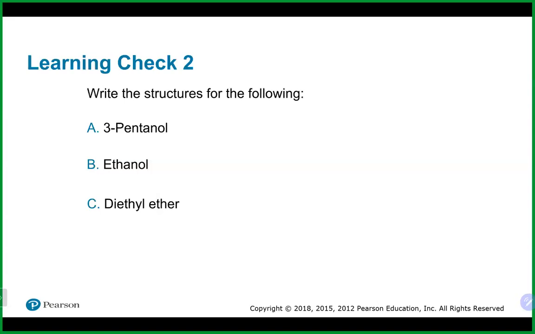All right, so why don't you draw these structures here? This would be good practice, I suppose. Why don't we try a different one here.